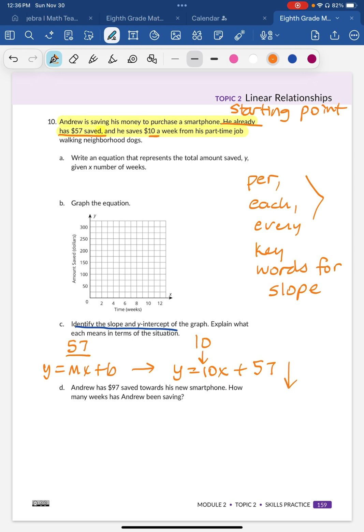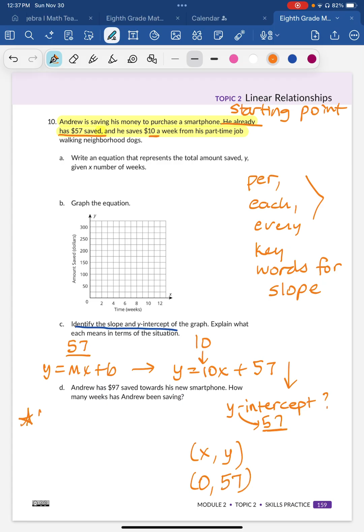Now, what is the y-intercept? It's 57. But remember, if we were going to write it like an x and a y, this is the y-intercept. The x is going to be 0. The y would be 57.